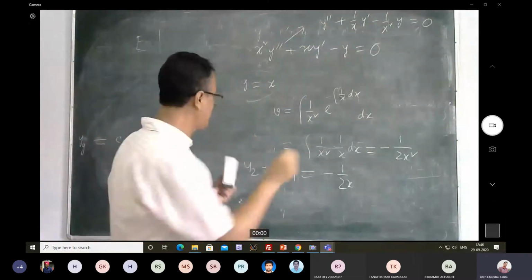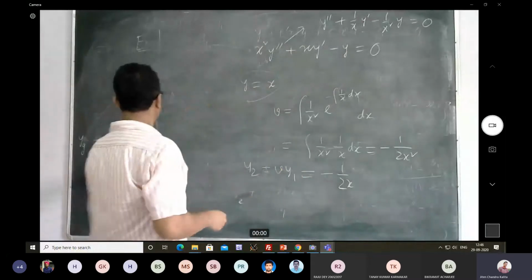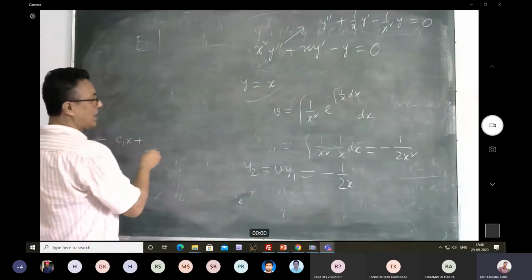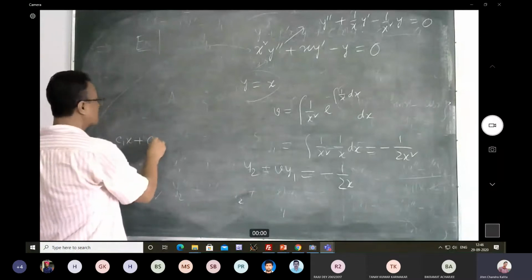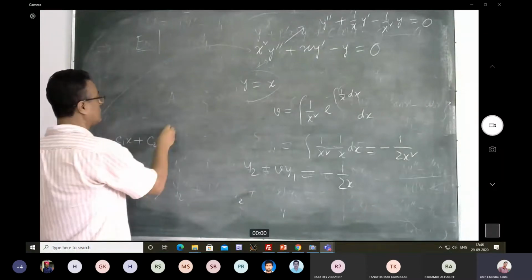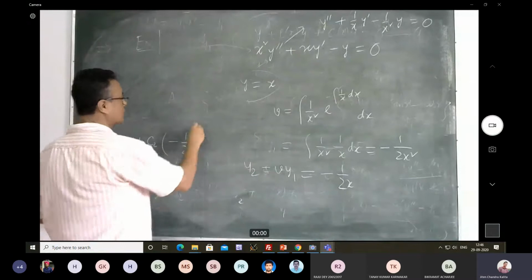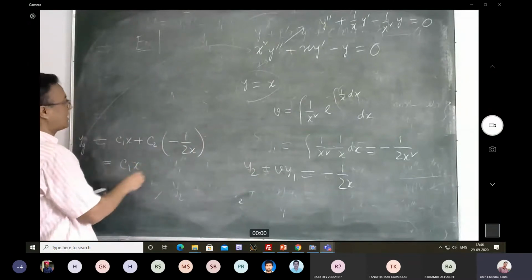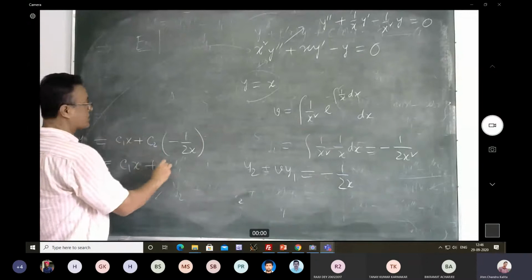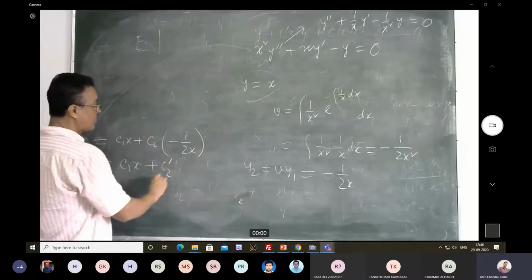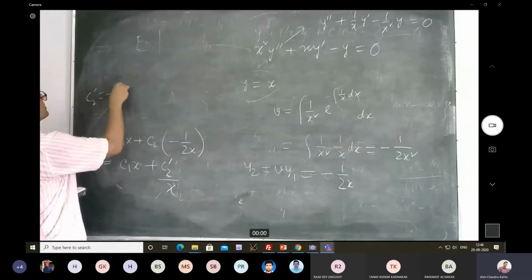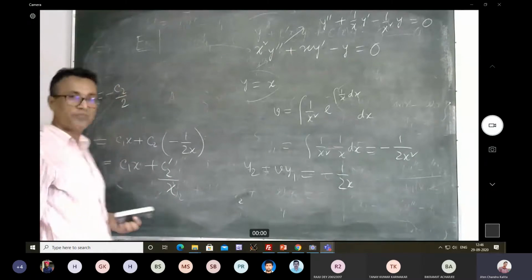See here now, I could have written it with the constant of integration included, c2. But I can write it as c1 x plus c2 prime x, where c2 prime is minus c2 by 2, right?